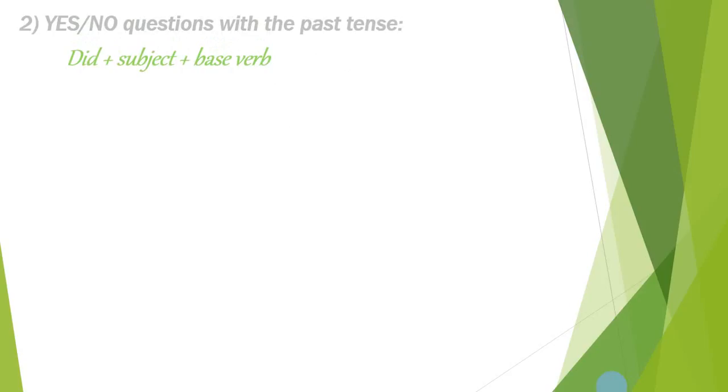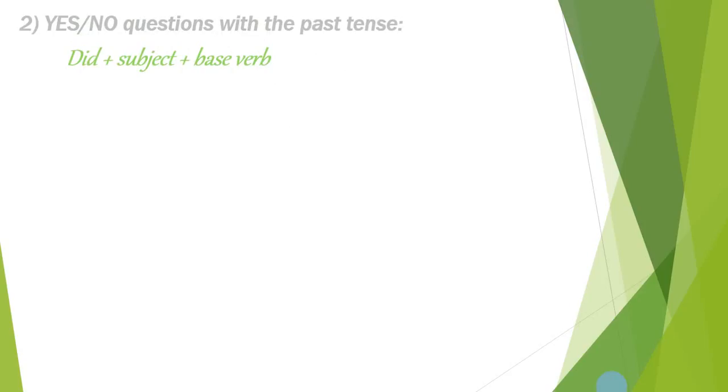The next slide is talking about yes/no questions with the past tense. Okay, what is the form of the yes/no questions? The form is below: the verb to be "did" plus the subject plus the base verb.